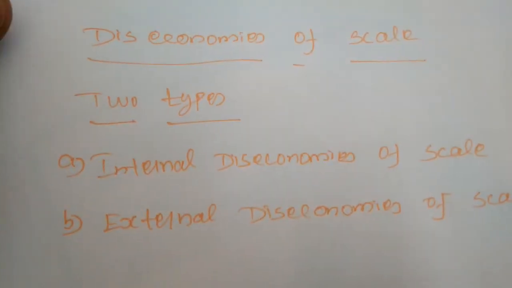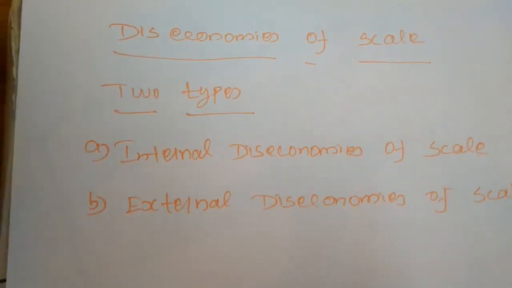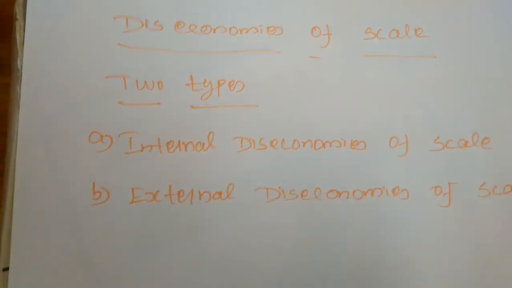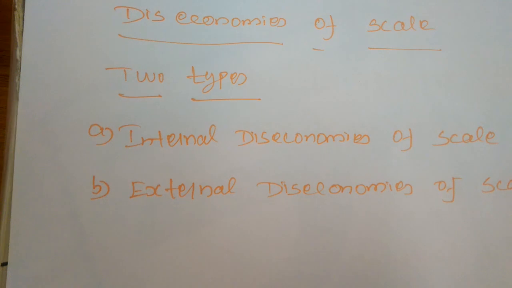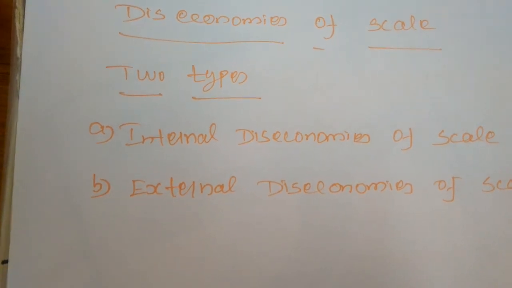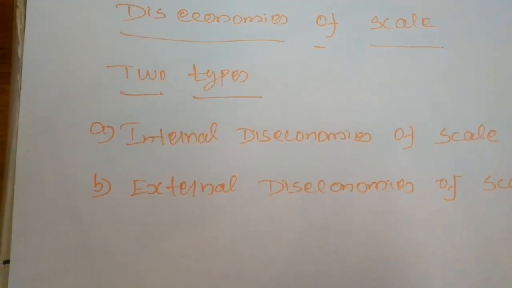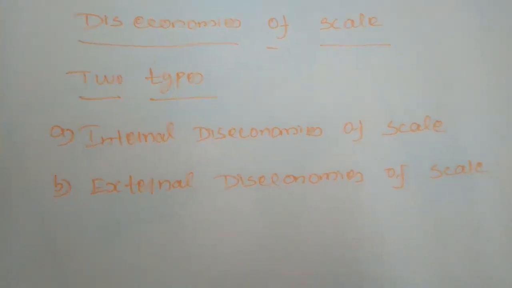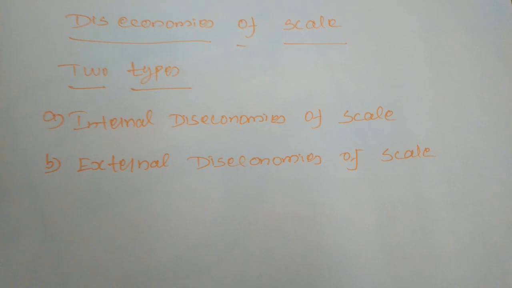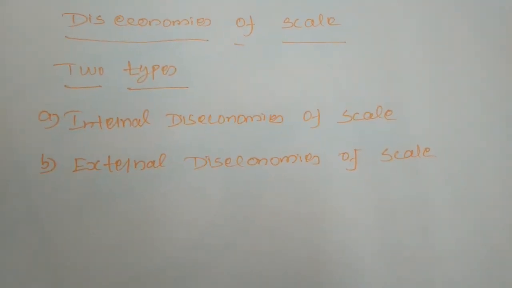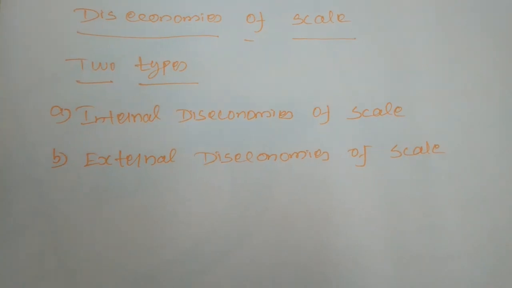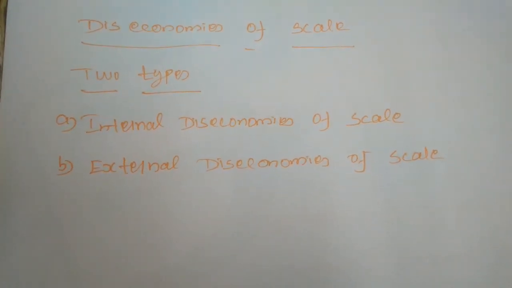Next, diseconomies of scale. The diseconomies of scale are the disadvantages to a firm, an industry or an organization. This necessarily increases the cost of production of a commodity or service. When we are getting advantages by establishing industries, it is called economies of scale.